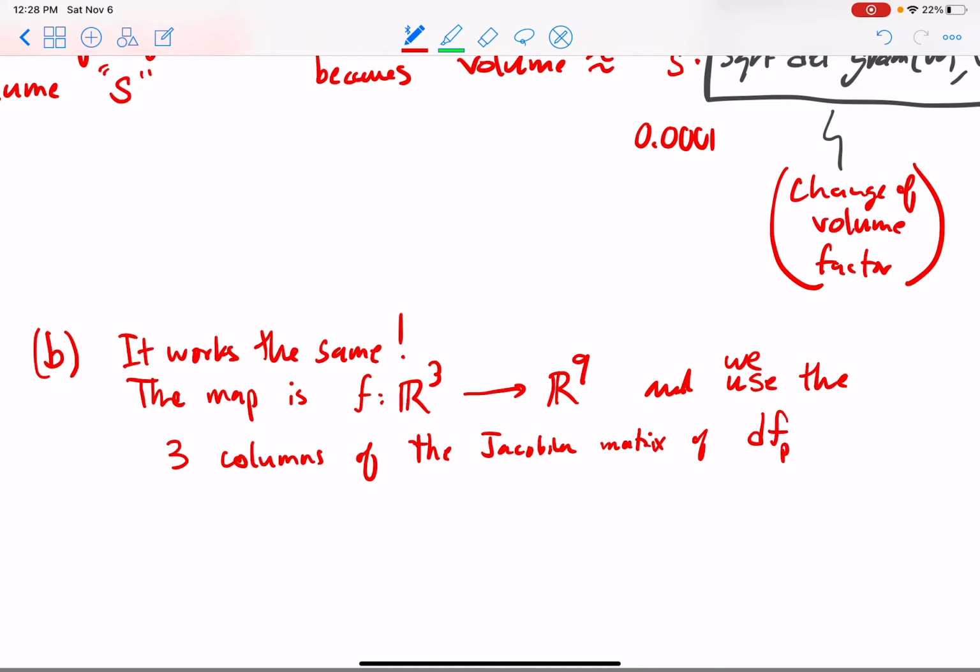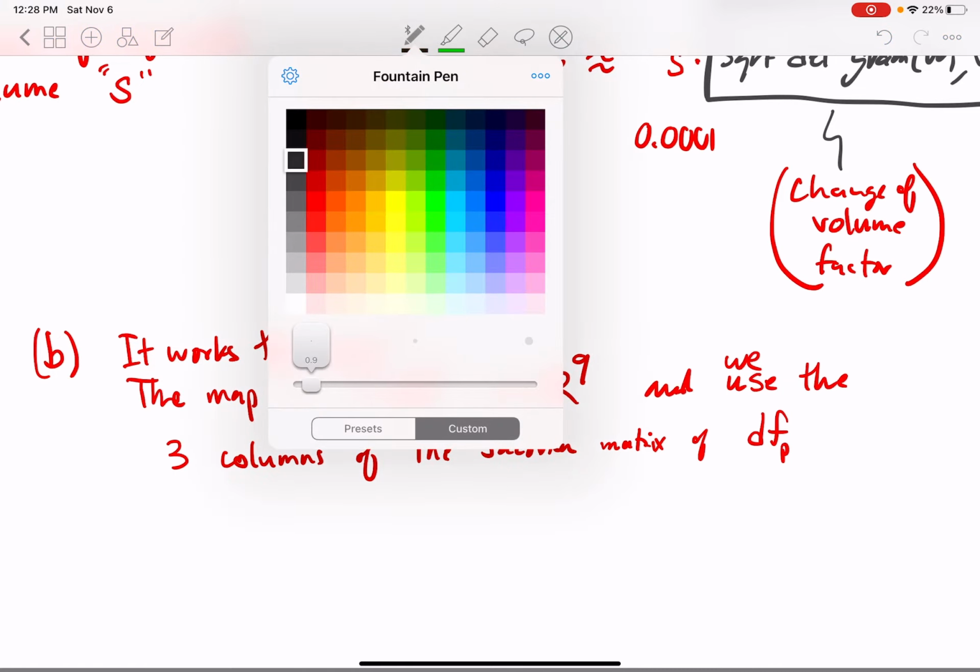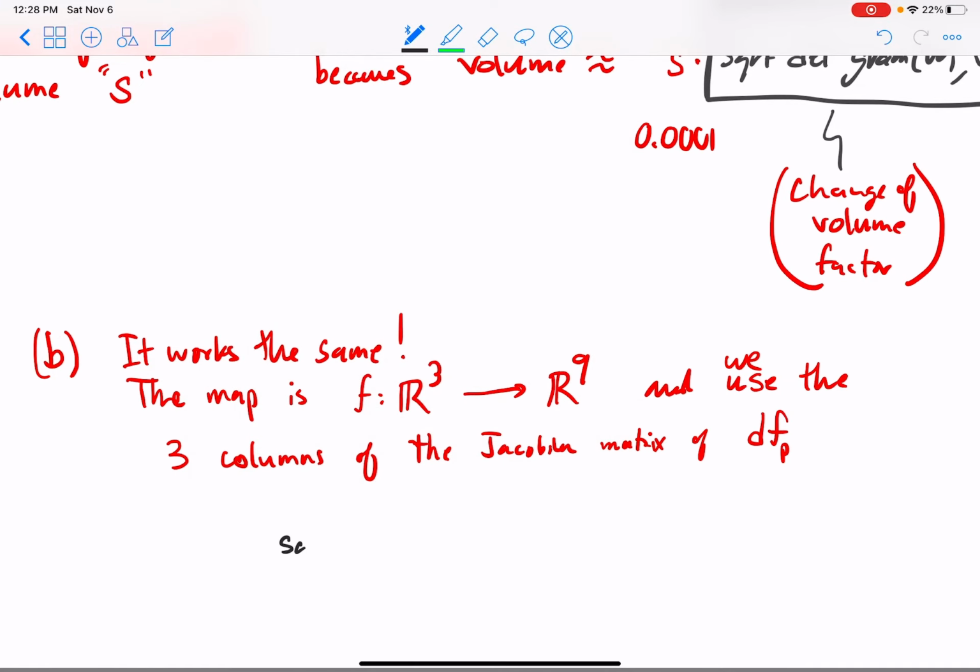And so then we just do the exact same formula. Square root, determinant of the Gram matrix of, well, in this case, there were 3 input variables, so there are 3 columns W1, W2, W3. And this equals the change of volume factor.